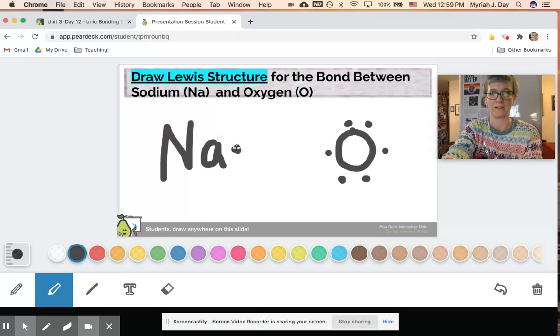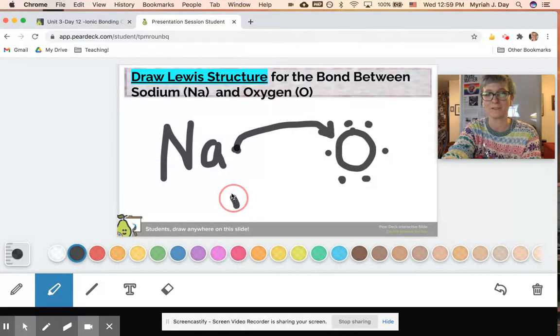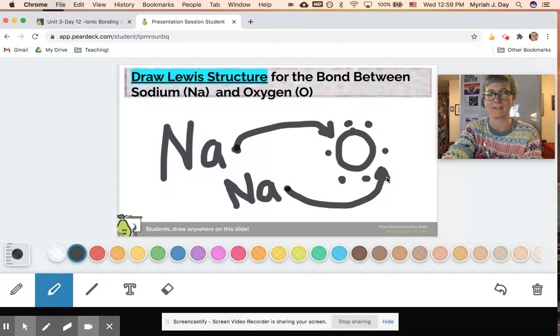And so then sodium is like, all right, I'm going to give my electron to oxygen. But oxygen now only has 7. So it has 1, 2, 3, 4, 5, 6, and 7 because sodium gave it one. So then, similar to what bromine did with the calcium, another sodium is going to show up to make sure that oxygen gets what it needs. And it's going to have 2 arrows going towards that oxygen.